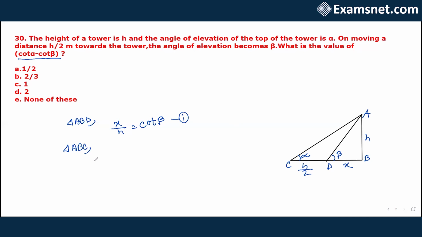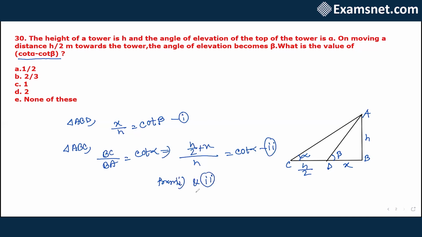From it, we can write that BC by BA will give us the value of cot alpha. Let's put all those values. H by 2 plus X, by H, equals cot alpha. Let's name it equation number 2. So we have got separately the value for cot alpha and cot beta. Now we are going to find the value for the required expression from 1 and 2.